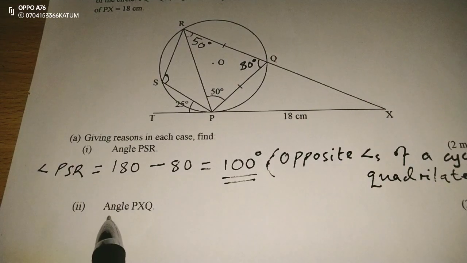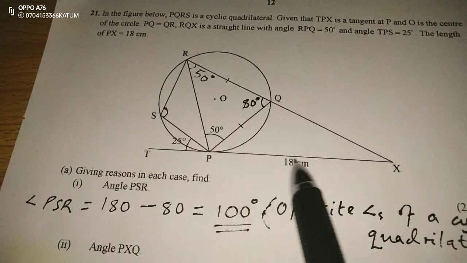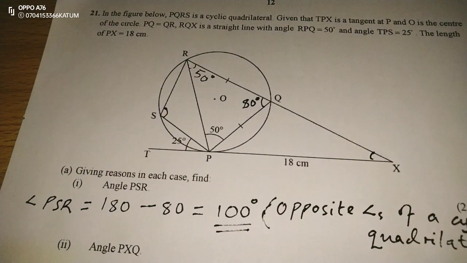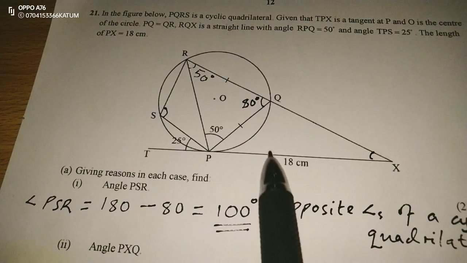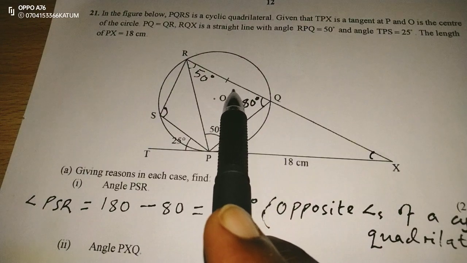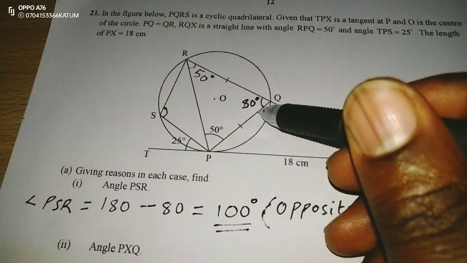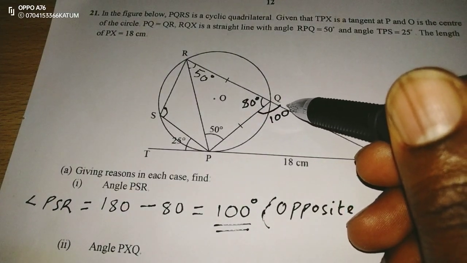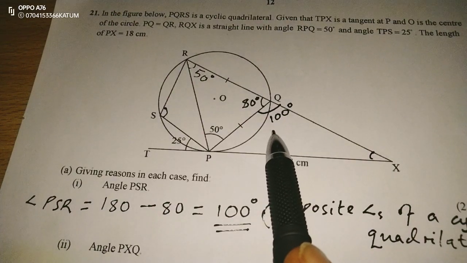The next angle is PXQ. With this we can consider several properties and several angles. One, we know that along this line, because on a straight line we're supposed to have 180, the value of this angle is 100 degrees. With 100 degrees, there is another angle we can find.